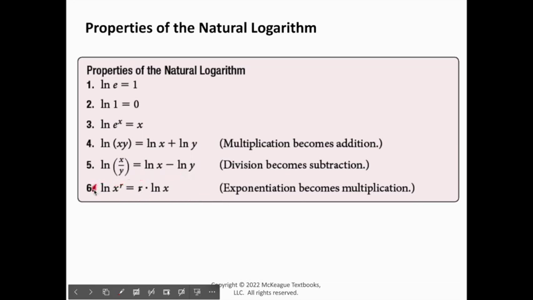So now that we've looked at property 6, let's go back and look at property 3. This is a special case of property 6. The reason why this is a special case is because we have the natural log of e, and this natural log has a base of e. So we're in this situation right here where the natural log is equal to 1.